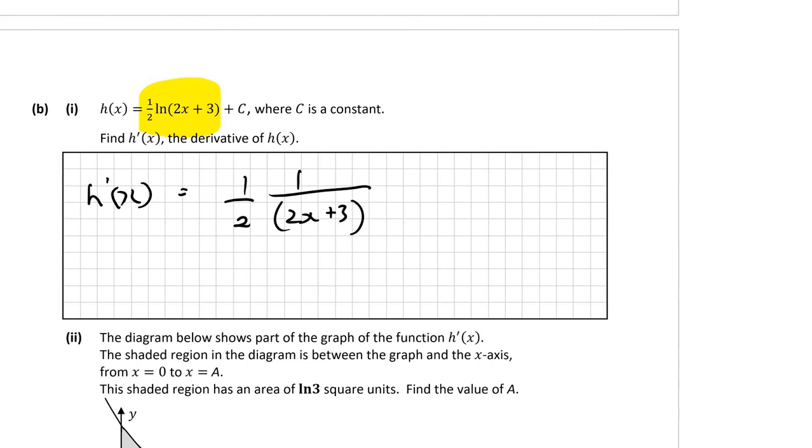Using the chain rule, because we've got a function within a function, we need to multiply this by the derivative of what's in the brackets here, which is 2x plus 3. And the derivative of that is just 2. So we're left with a half times 1 over 2x plus 3 times 2. Well, the 2s just cancel, and you're just left with 1 over 2x plus 3.